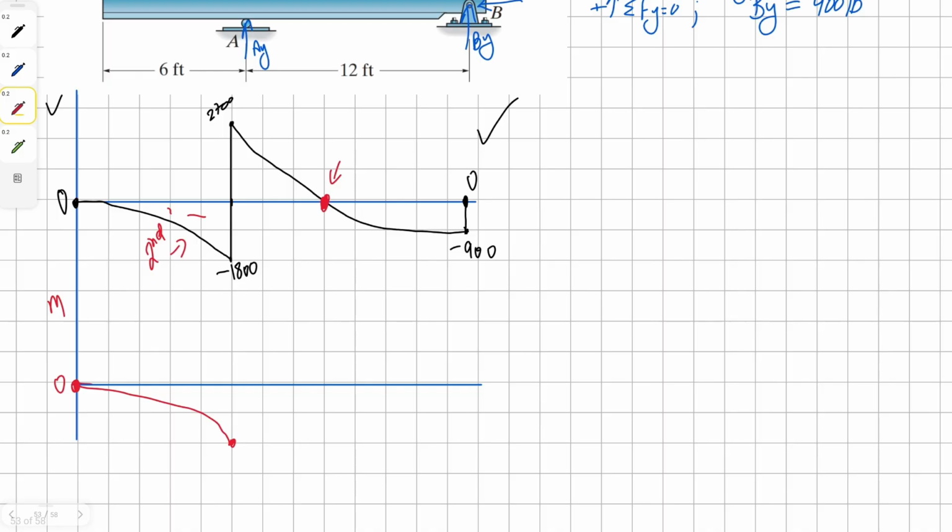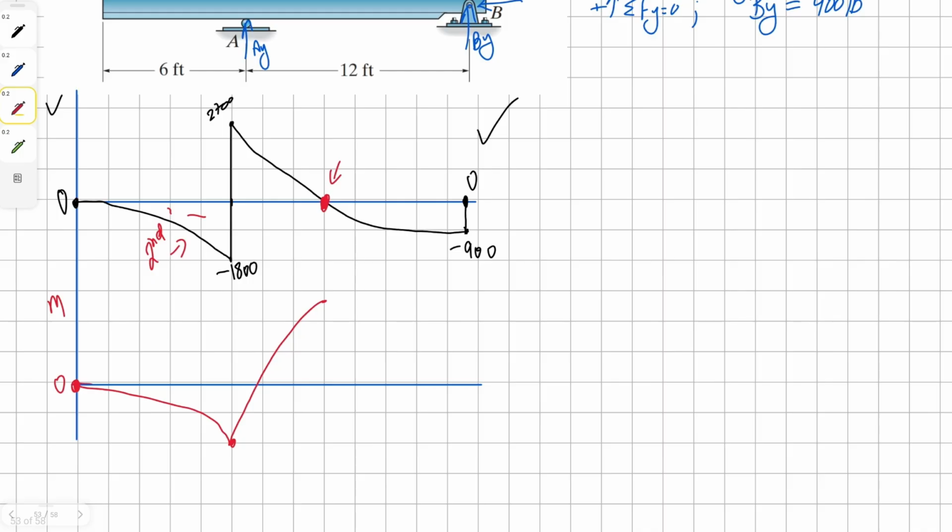And from there we're going to go up till this intersection at the shear, and this is going to be our maximum point for the moment curve, and it is going to be concaving downwards, but we don't know the maximum point here just yet.